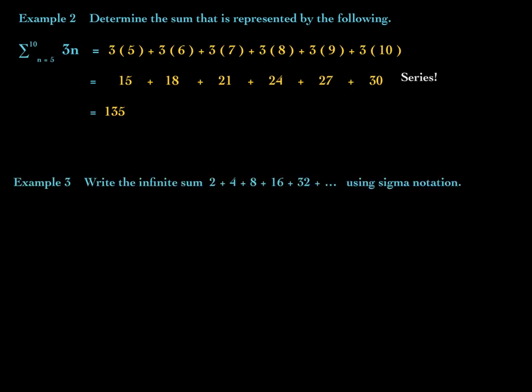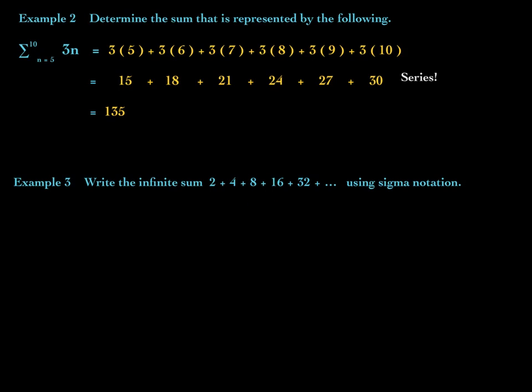Now watch this. The table has been turned around, everybody. They have given you this infinite sum, which is an infinite series, really. And they want to know what the sigma notation is for this. What's the shorthand notation? So first of all, let's notice the pattern, okay? It starts with the number 2, and then it goes to 4, and then it goes to 8, 16.